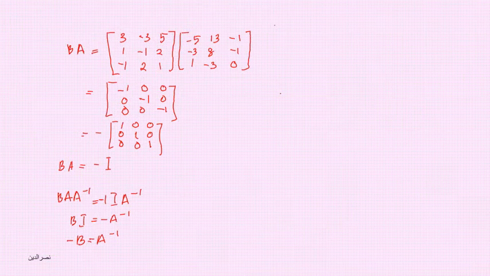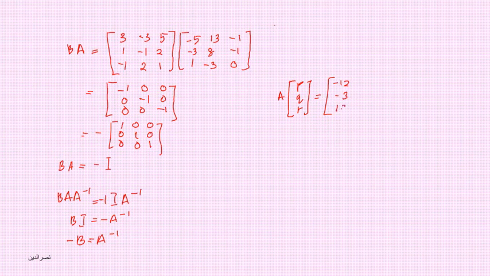So we put this one: A times PQR equal to negative 12, negative 3, and 19.